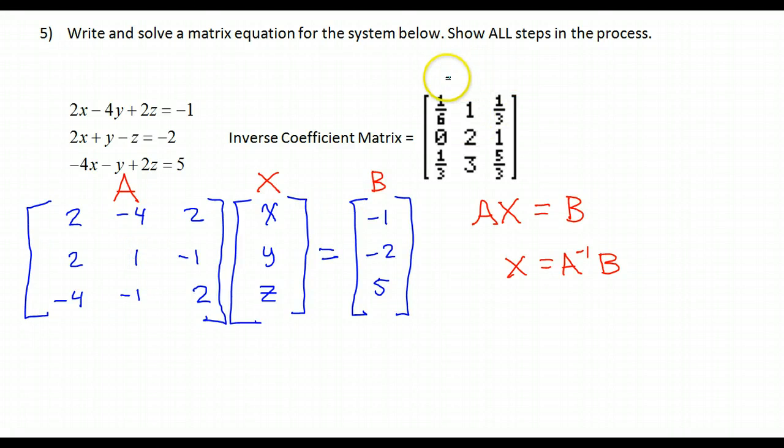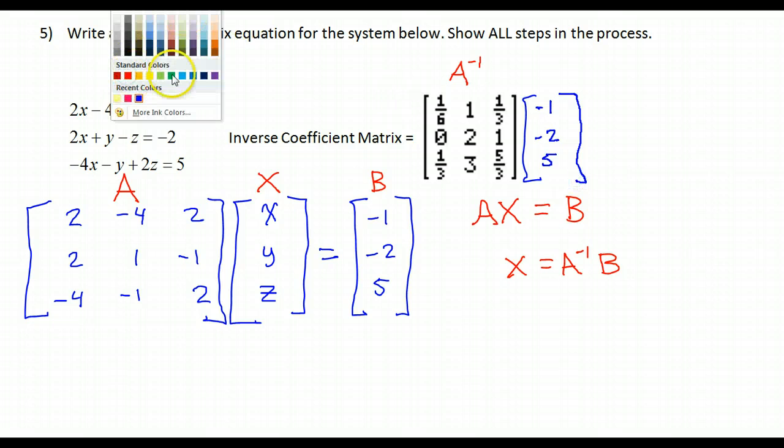So I just gave it to you. So this is A inverse. Go ahead and label that. Again, this is mandatory. This is A inverse. So we're supposed to be doing A inverse times B. So you can go ahead and write B next to this. Save yourself a little time. So -1, -2, and 5.